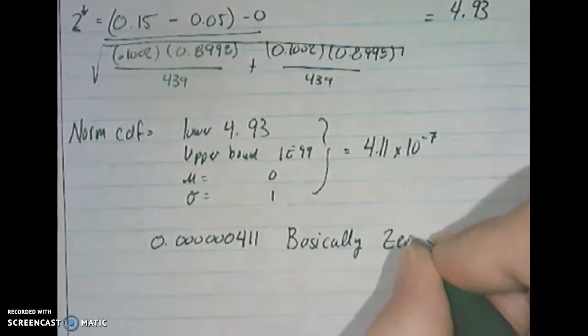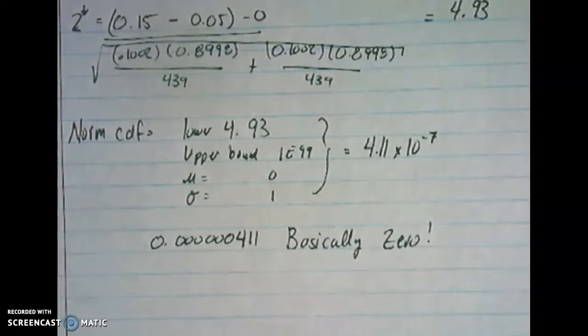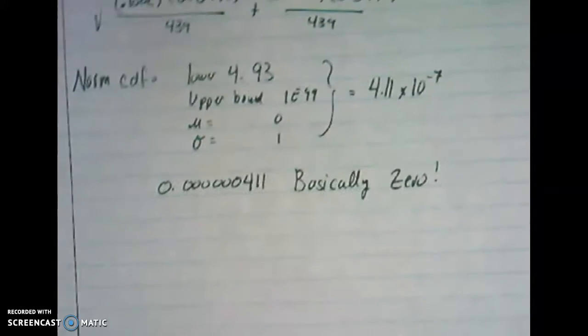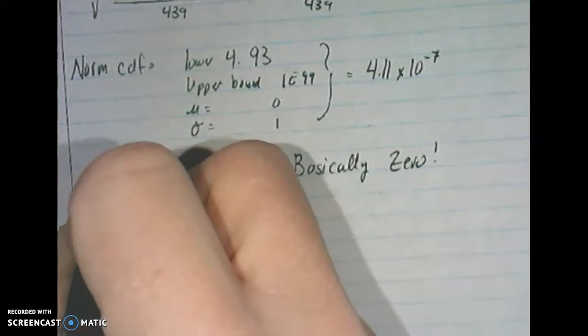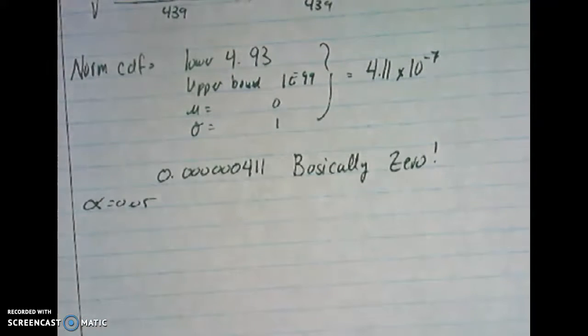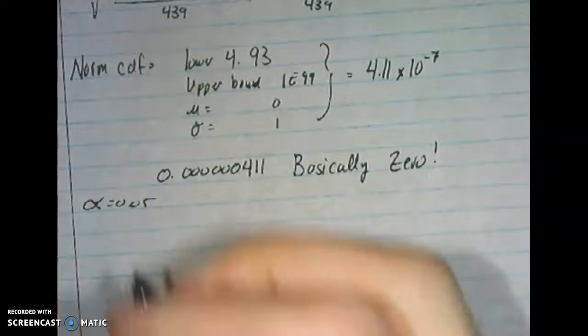Okay, so then what we would do is we would come in and say, oh, excuse me, my significance level is 0.05. So why did I choose 0.05? Well, it didn't tell me what else to use, so I got to use this.